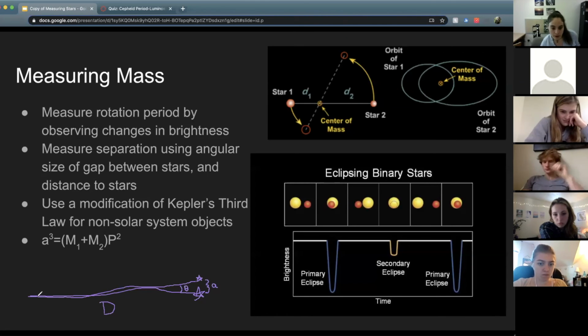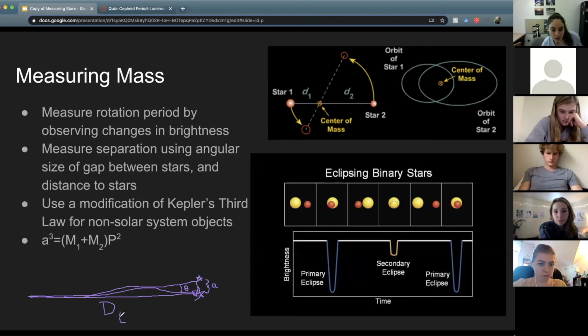And that's just because if I had drawn this line better, we can see that this is going to be a nice right triangle, with the tangent of this angle equal to the semi-major axis divided by the distance to the system.